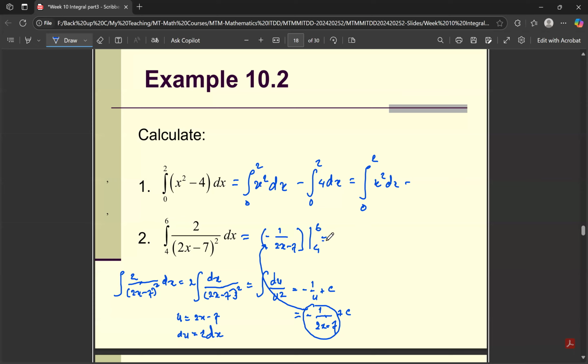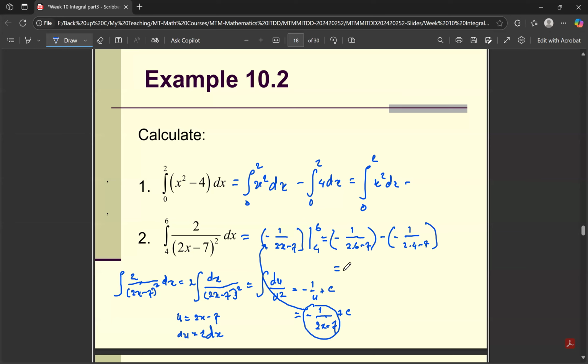We substitute 6 into this here. We have minus 1 over 2 times 6 minus 7, and then again minus 1 over 2 times 4 minus 7.